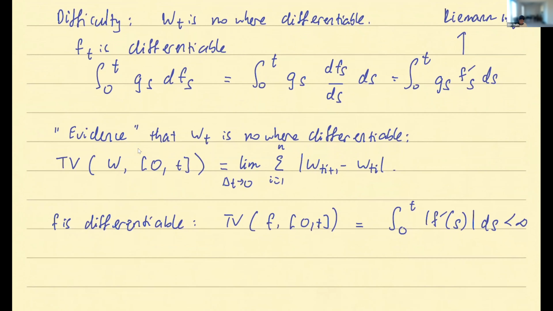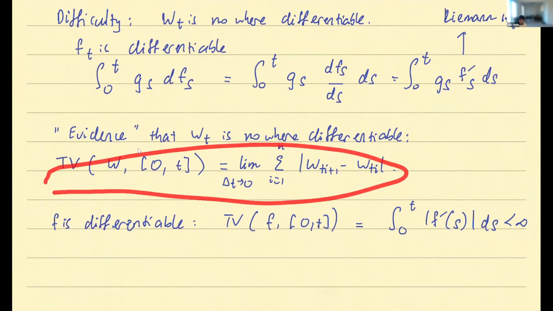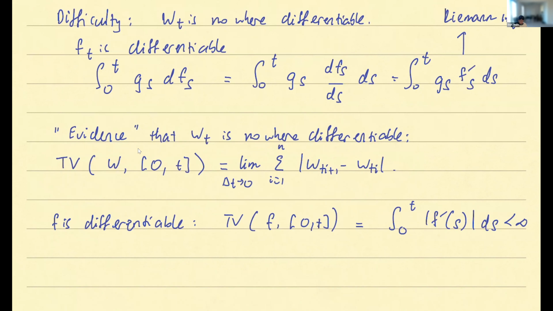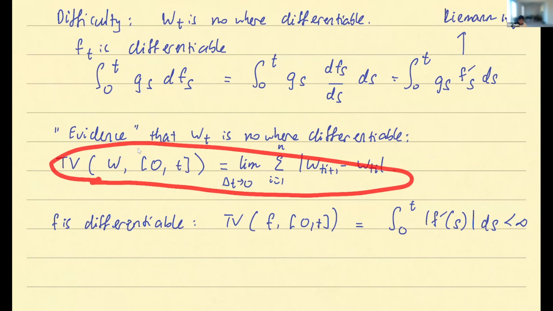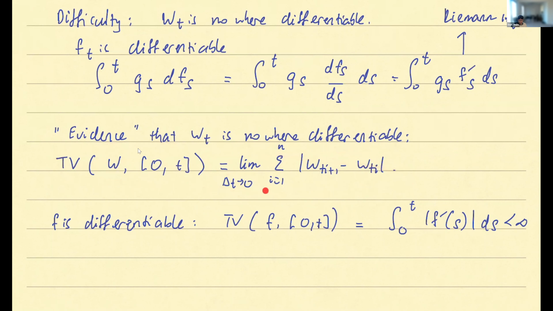And so we say that this is the piece that you can check. That's the evidence. You can check by Monte Carlo simulation. You can simulate a Brownian motion path, push your time step to go to 0, and observe that this quantity is going to get larger and larger.